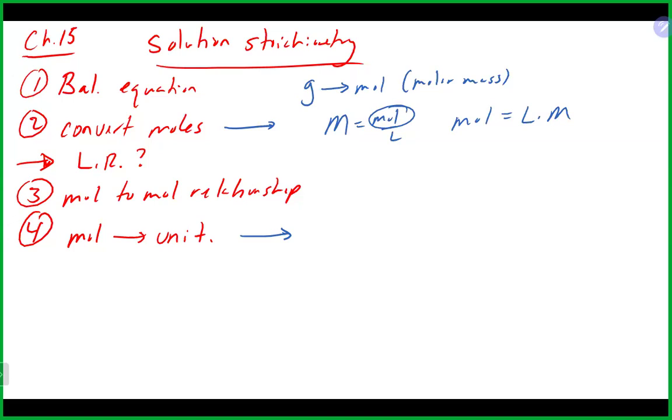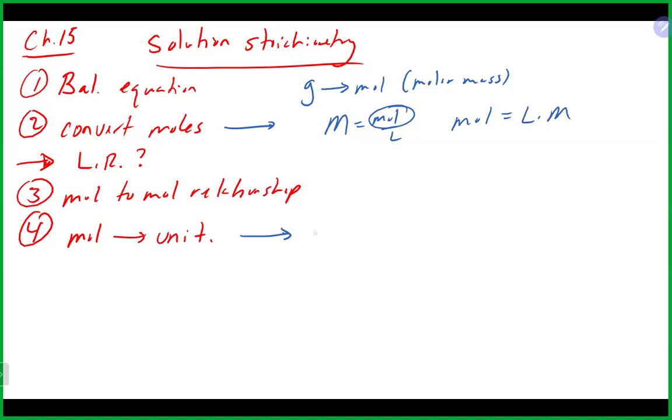So in that second step, a lot of times with solutions, you're given the concentration and the volume, and that's how you get moles rather than going to the periodic table and using the molar mass.